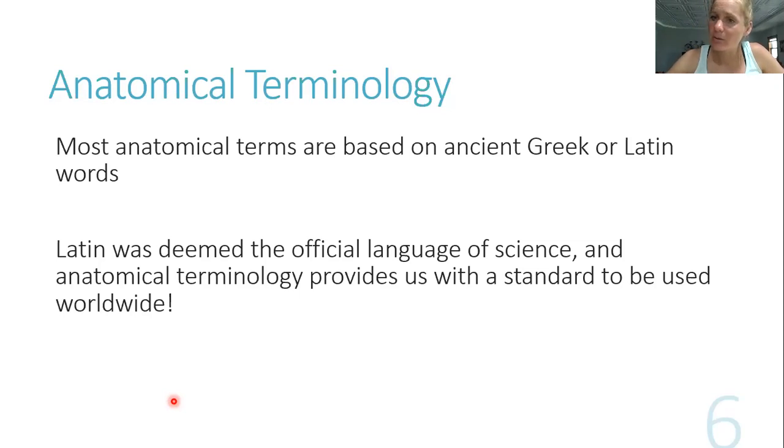In order for us to communicate effectively and efficiently as we work together to find best treatments for this injury, we've got to have a standard. So anatomical terms are used all over the world so that we can create a more cohesive medical, healthcare, and science environment, so that everyone can understand what's going on.